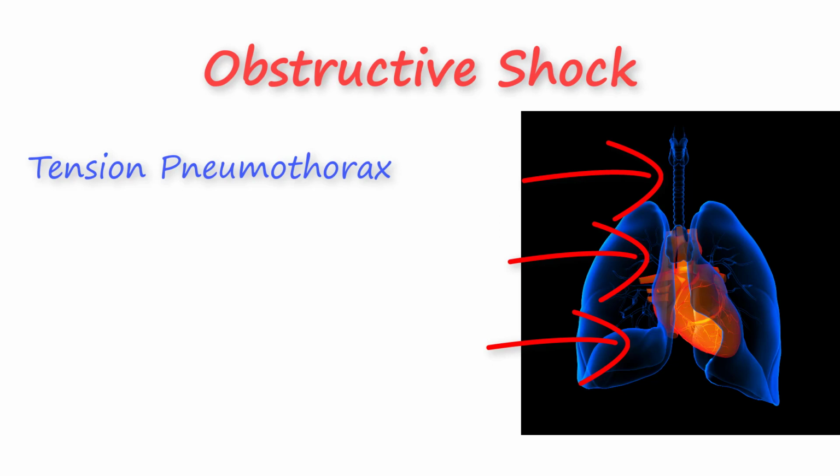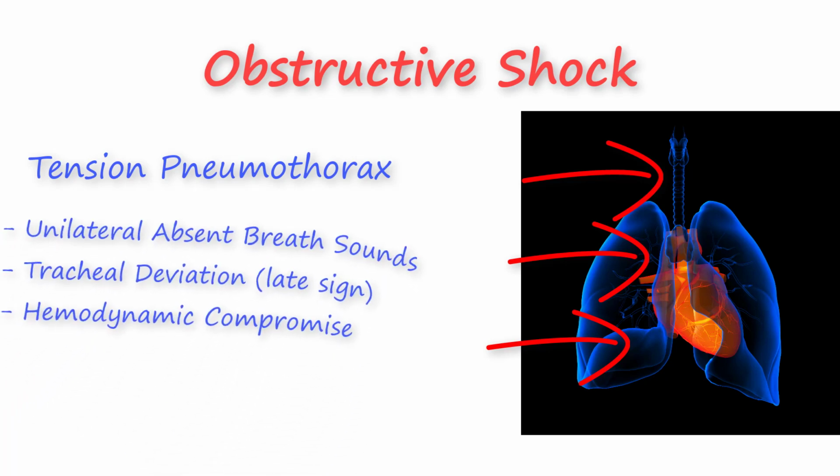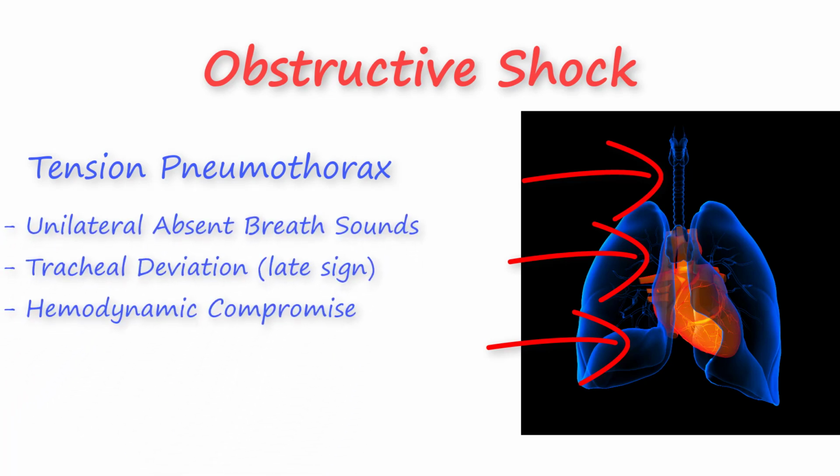And as that air pressure builds and builds, you get the classic textbook signs of a tension pneumothorax, which are absent breath sounds on the affected side, and a much later sign, tracheal deviation, which is when so much air pressure has built up that it's actually pushing the heart and all that structure away to the side. What you'll see is the trachea actually deviated away from the tension pneumothorax.